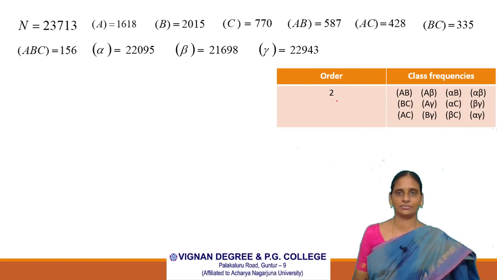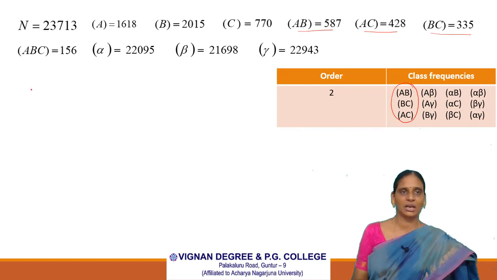In the second order, the given class frequencies are frequency of AB, frequency of AC, frequency of BC. And these values are given in the problem. And the remaining second order class frequencies, those are 9 class frequencies. Those are obtained as follows. First one is frequency of A beta.